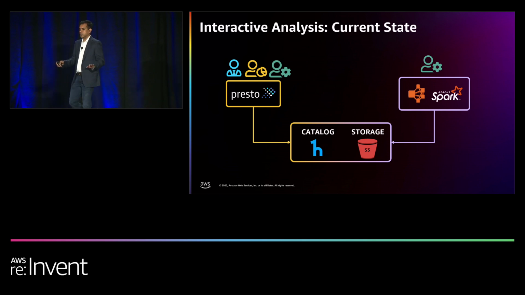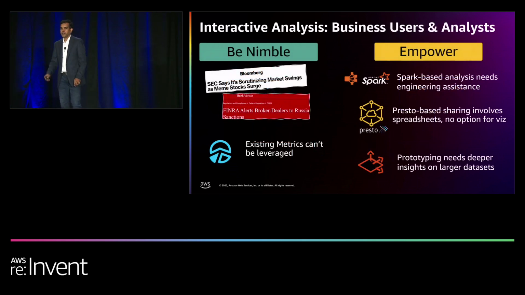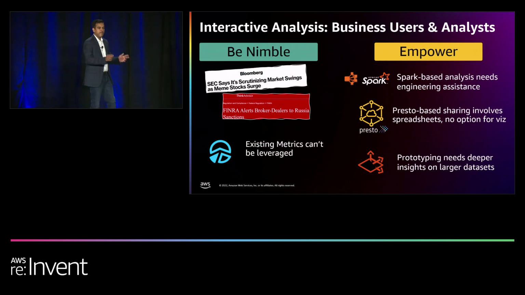This all works well when the market works in a predictable manner. But there is never a dull moment in market surveillance. The landscape constantly changes with the market behavior. Anyone remember meme stock? Yeah.